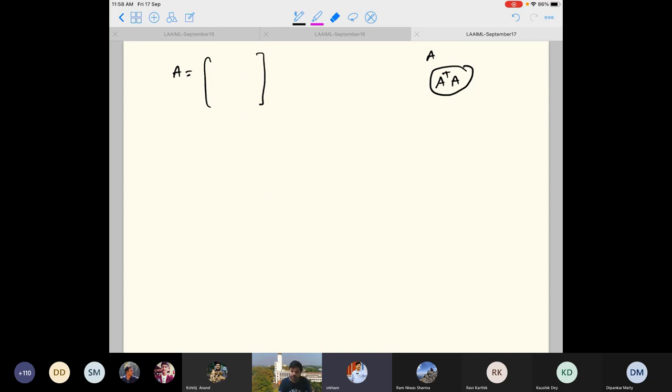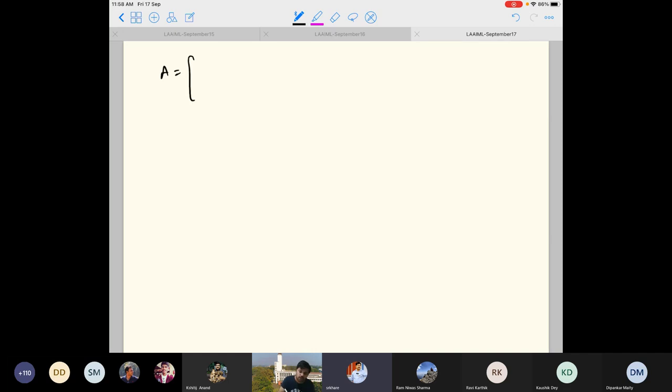Let me remember this example and get back to you. The columns should be almost linearly dependent in A, then you have trouble in A transpose A. That's what we want to create.